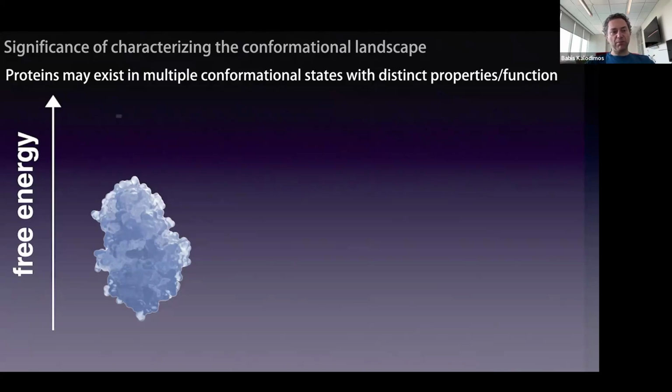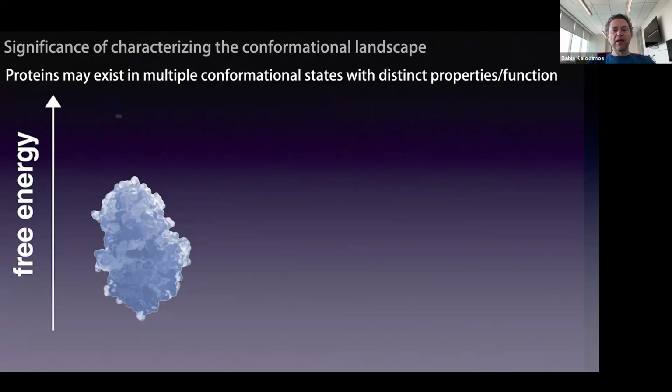What do we mean by that? Proteins, and that's true not only for kinases but for any dynamic proteins, I'll show you the example in kinases, but that can apply to GPCRs, nuclear receptors, transcription factors, or other enzymes.